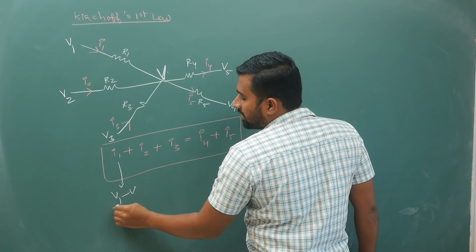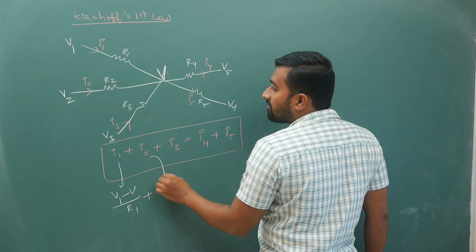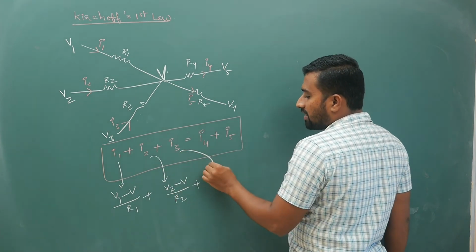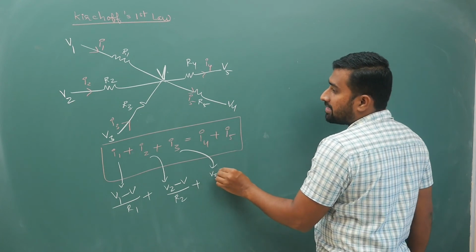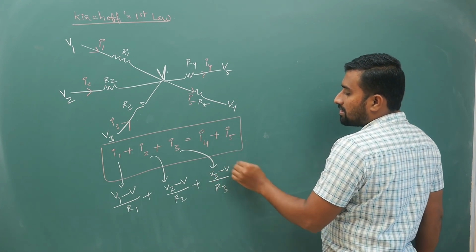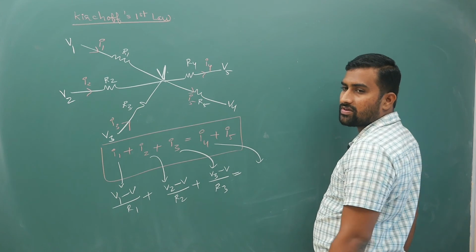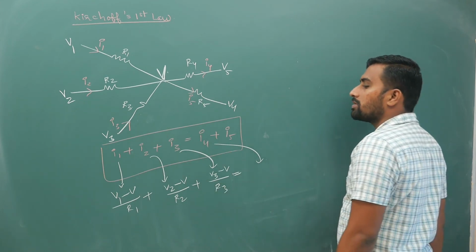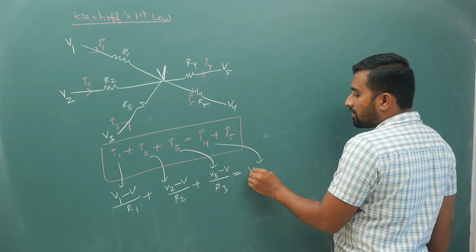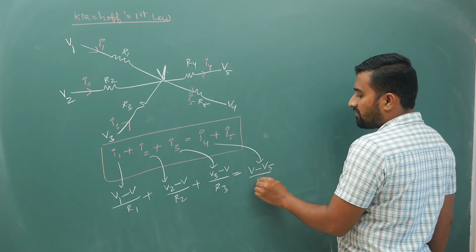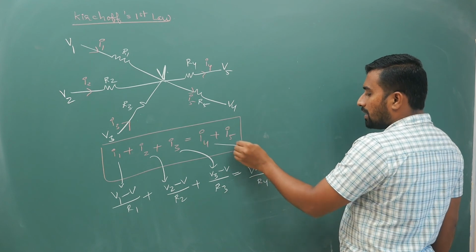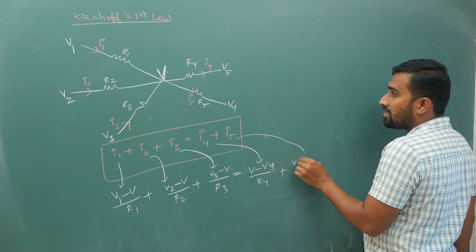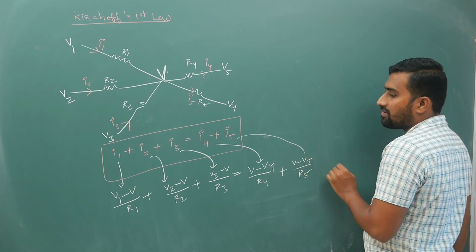So (V1 minus V) by R1 plus (V2 minus V) by R2 plus (V3 minus V) by R3 is equal to, by Ohm's law, (V minus V4) by R4 plus (V minus V5) by R5.